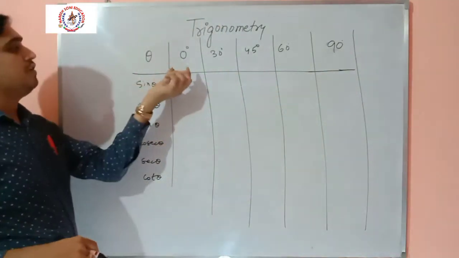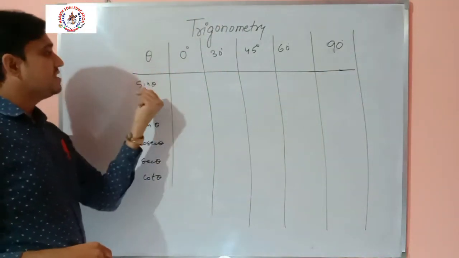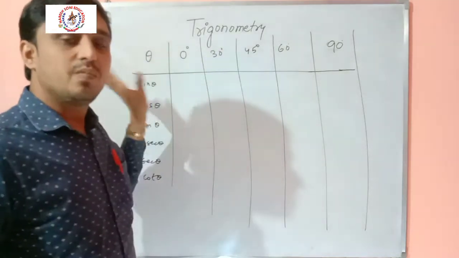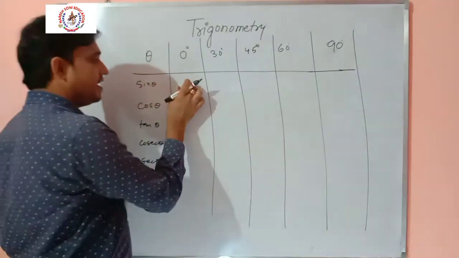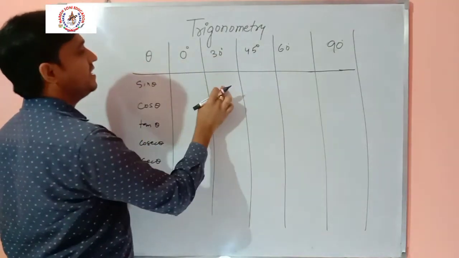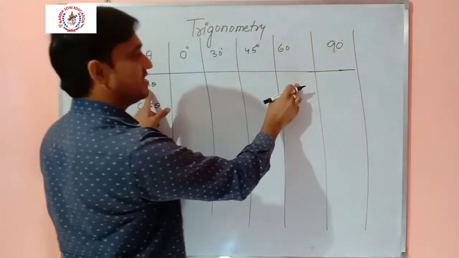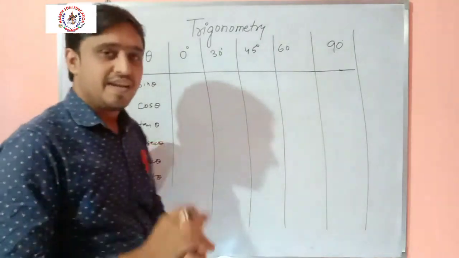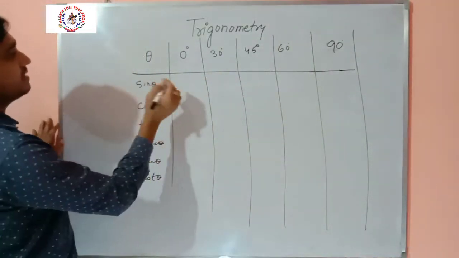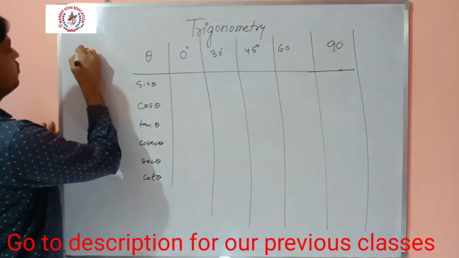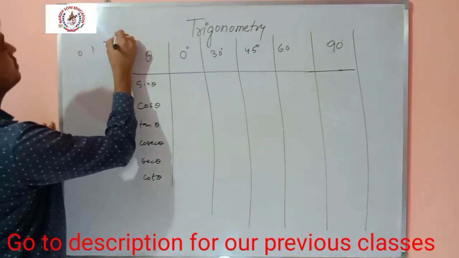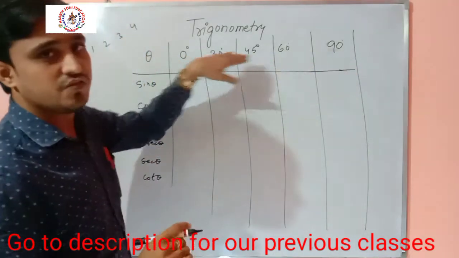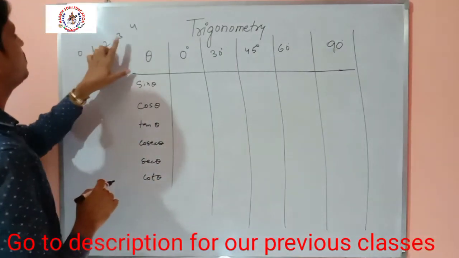So we'll find the value of sine 0 degree, sine 30 degree, sine 45 degree, sine 60 degree, sine 90 degree, replacing these values in place of theta. For these 5 values I write 0, 1, 2, 3, 4.